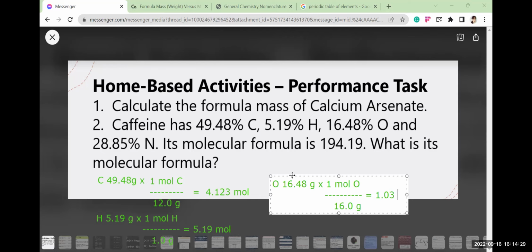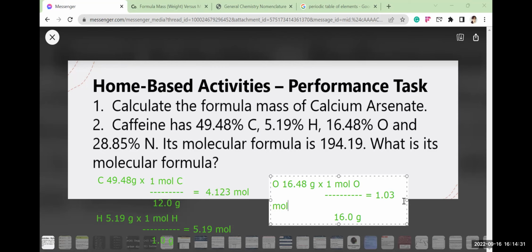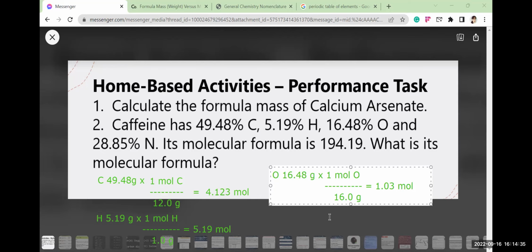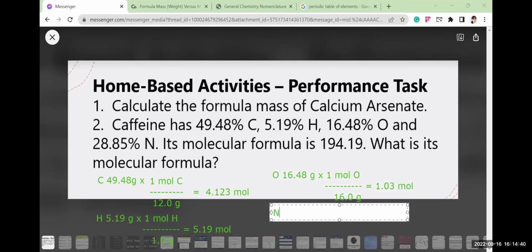Okay. 1.03 mole. And then lastly, you have nitrogen. 28.85 grams. What's the molar mass? 14. Very good.